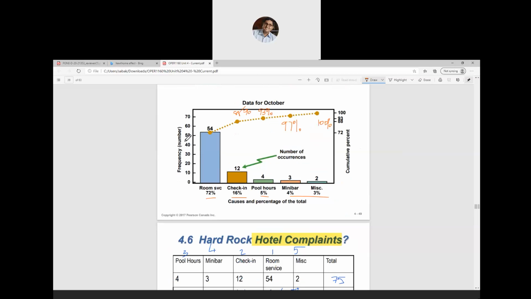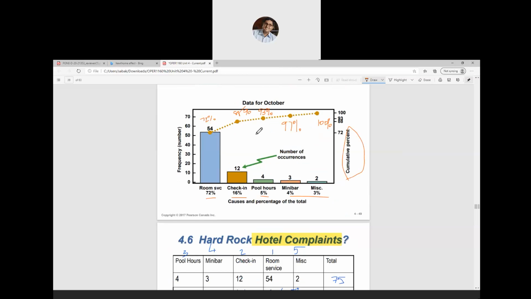Now there are two y-axes here. This is the x-axis. On this y-axis you will be showing the frequency, and on this y-axis you will be showing the cumulative percentage. So you can draw it on a sheet of paper. Once you draw that, you'll be drawing a line chart by adding the cumulative percentages.